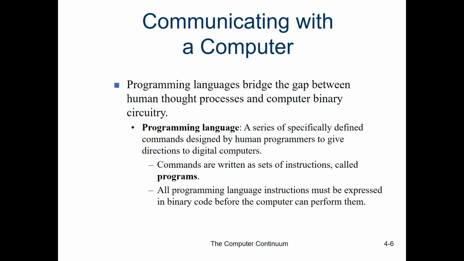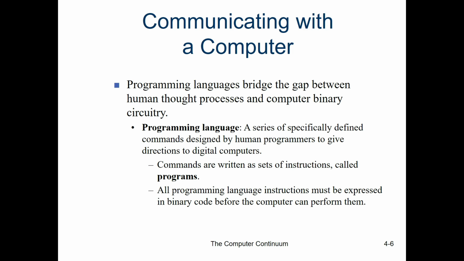Programming languages bridge the gap between human thought process and computer binary circuitry. It bridges the gap between human thought and computer circuit, in the sense that you write something in a programming language and the computer understands it and gives you output as per the instruction you gave to it.